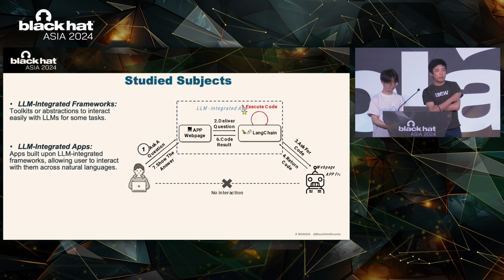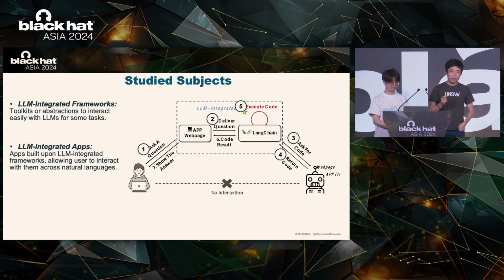And here's a typical workflow of this system. First, the user asks a question that would require code execution. Then this question is passed to the relevant API of the framework. The framework will ask the large language model to generate some code to solve the problem, and the large language model will generate the code.